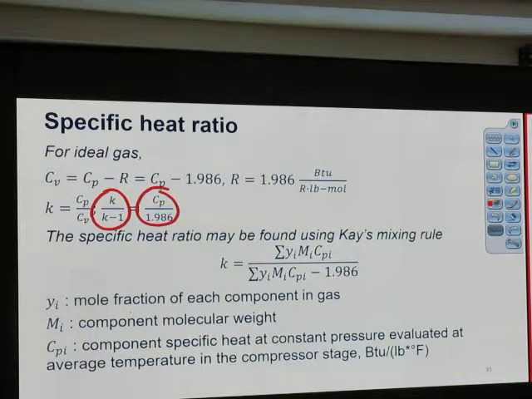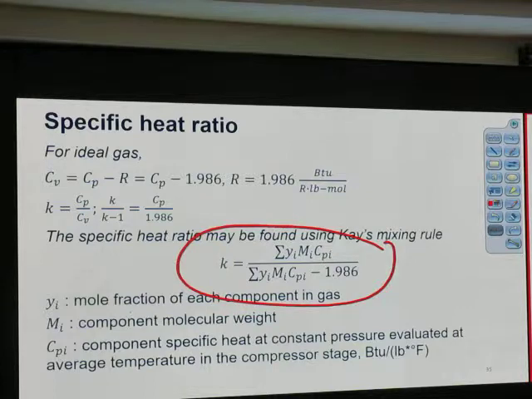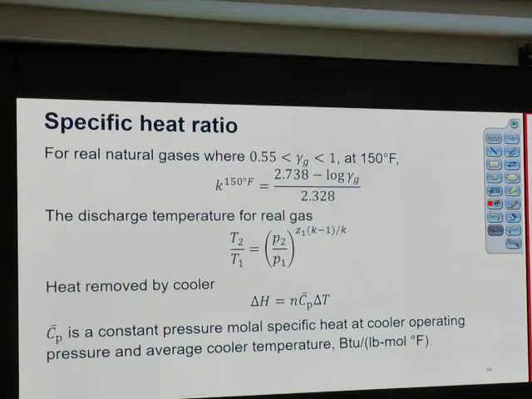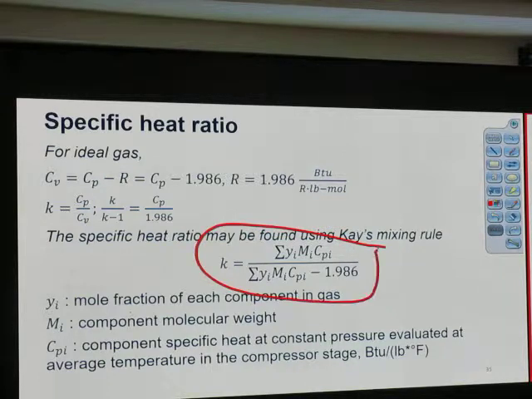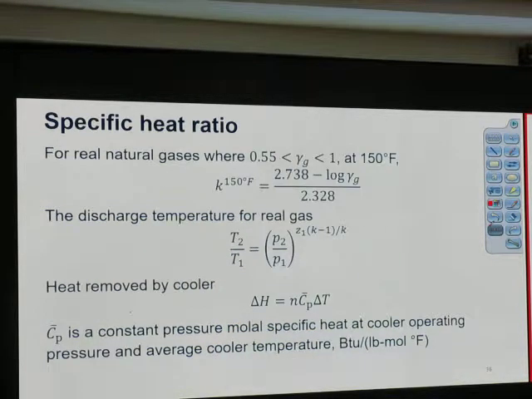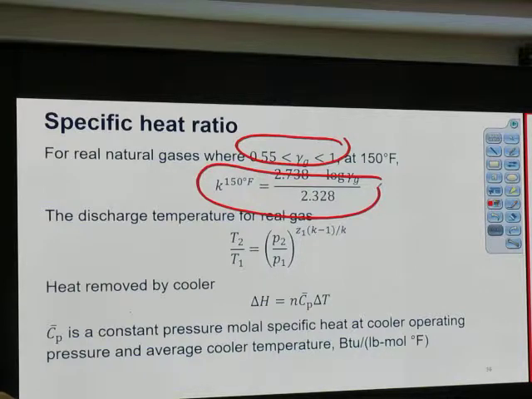If we have multiple components and we want to do it very accurately, we do a weighted average based on the molecular weight. But if we don't have those things, this could be difficult to use because we need to know the mole fraction or something. The computer program uses that, but what you actually use is this formula, because we just deal with natural gas. If the specific gravity is in this range, we use this formula for K at 150.